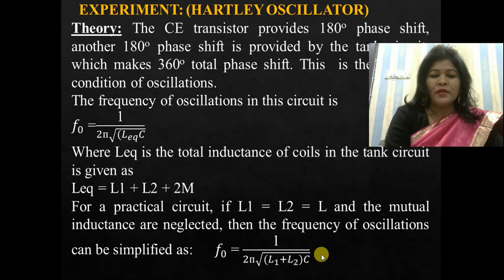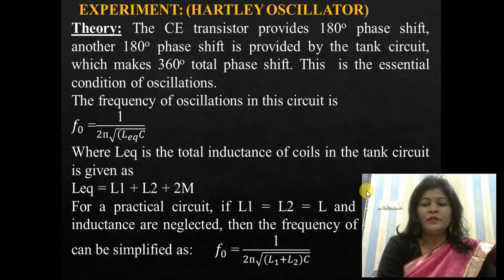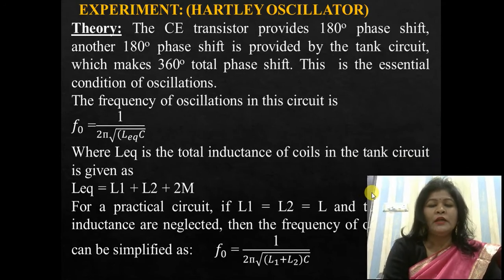So this is the basic working, and as you know, according to the Barkhausen criteria in the oscillator principle, the total phase shift required is 360 degrees. So how to fulfill the criteria? In this Hartley oscillator circuitry, the transistor Q1 provides 180 degree phase shift and the other 180 degree phase shift is provided by the tank circuit.